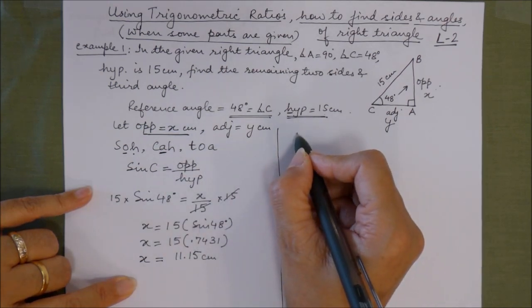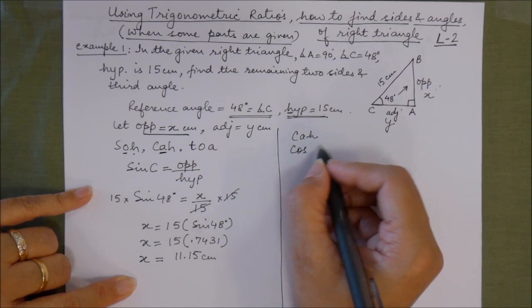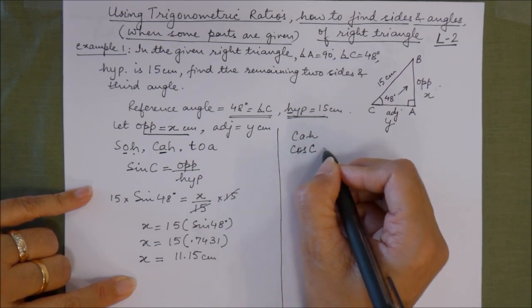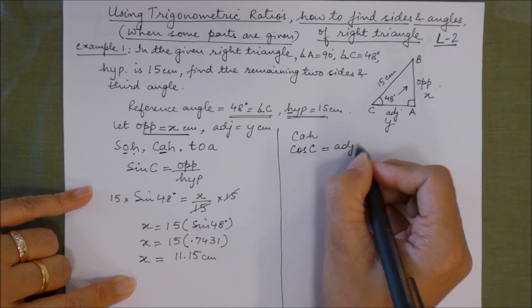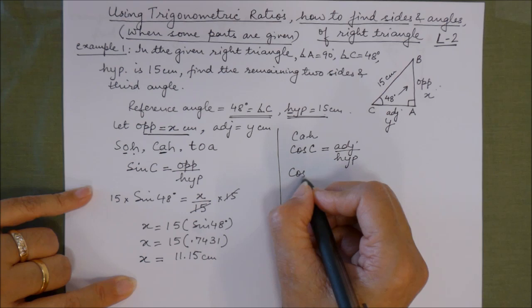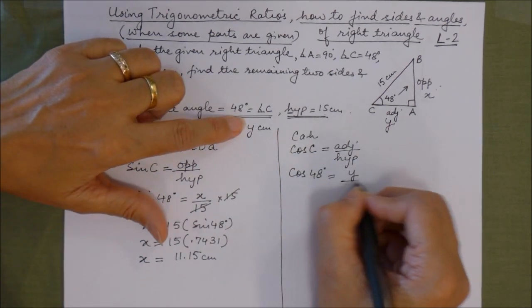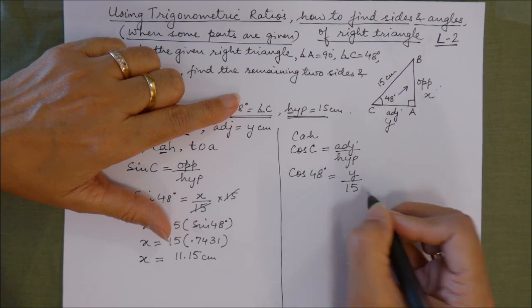It is CAH, so we write cos of the reference angle C equals adjacent upon hypotenuse. That means cos 48 degrees equals y over 15.